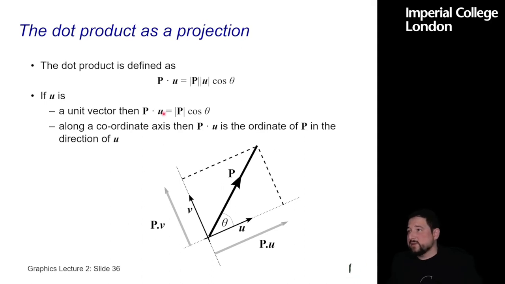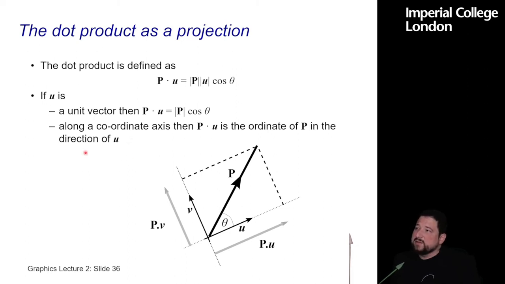And the dot product itself is defined as the magnitude of P and U times cosine theta. And so if U is a unit vector, then I can leave out this magnitude here, and if both of them are unit vectors, then it will be the magnitude of P times cosine theta.